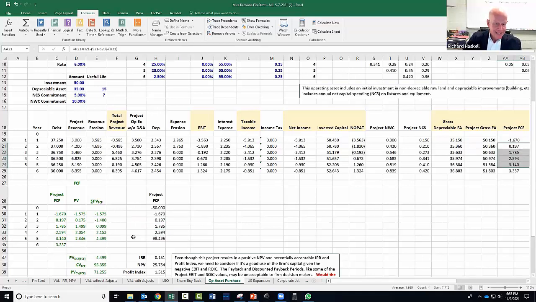But in this period where we've got a project free cash flow of 3.14, we now need to add to it the continuing value, because remember, that continuing value is a present value at time zero, where we used the cash flow from time one.